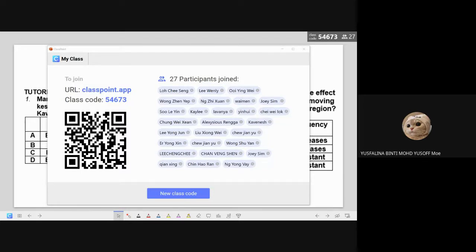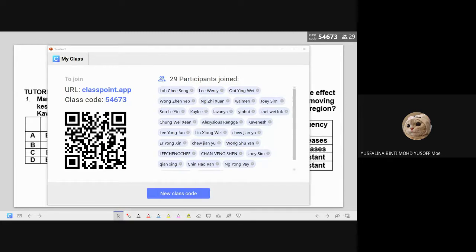Okay, so we wait for another. A teacher. I cannot join. Also laptop also. Oh really? How many of you cannot join? If you cannot join, you can tell me. Same. Okay.